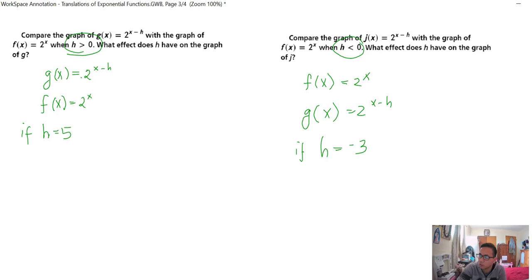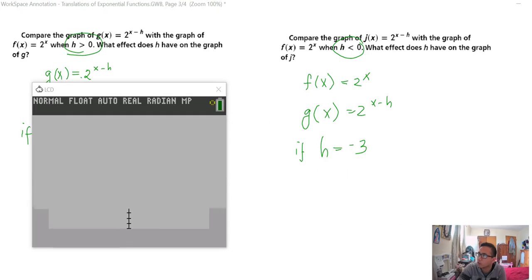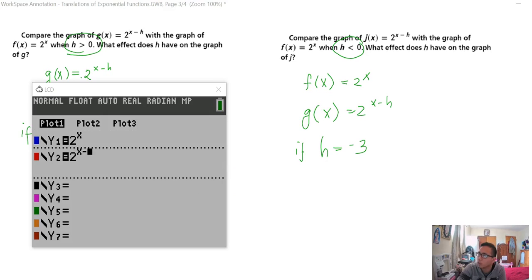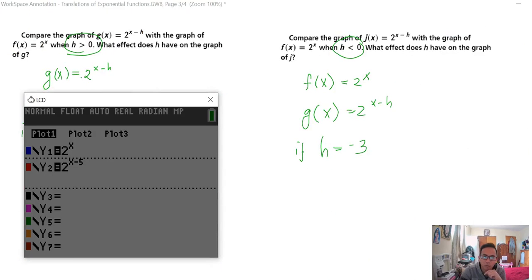I'll just go over to my graph here. I'll delete everything. Your 2 raised to x will stay the same because that's the comparison. Then I'll just change the value of 5 here, and we'll be using -3.